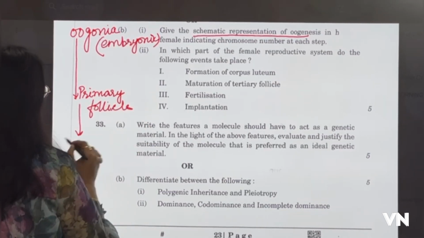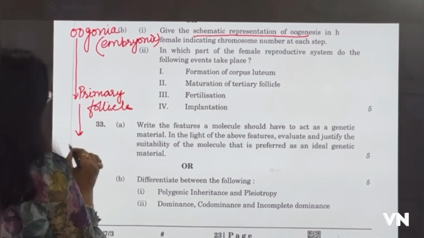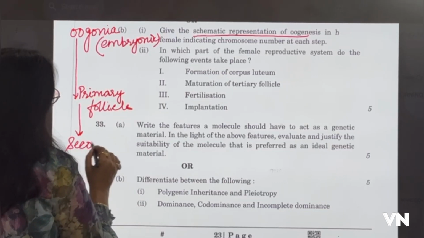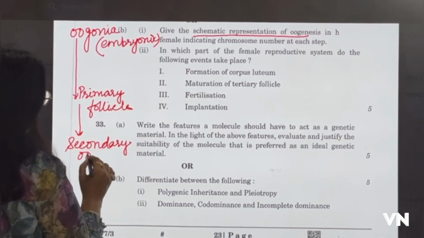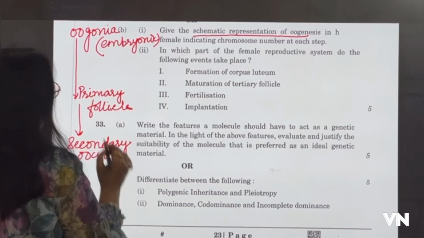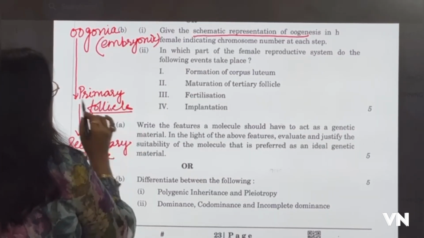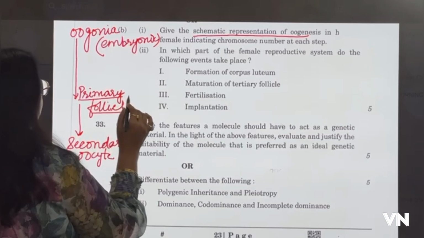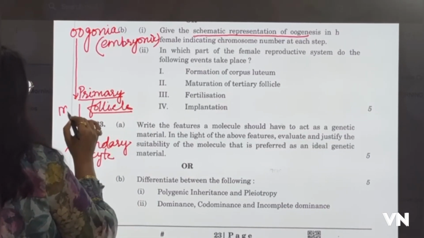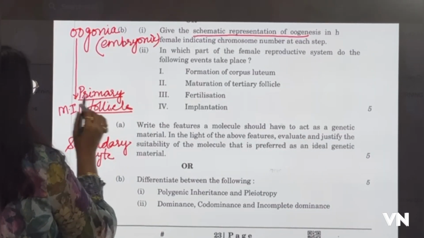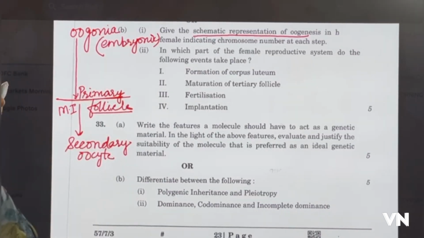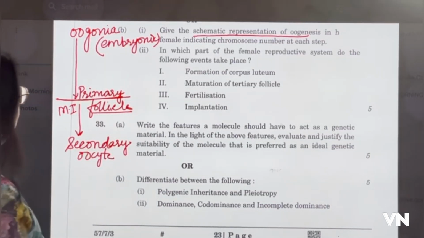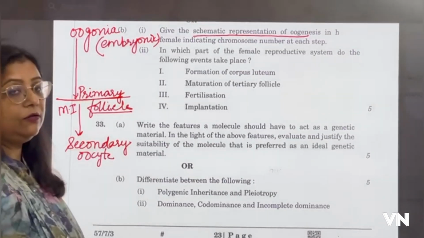Then these primary follicles are transformed into secondary oocyte. Primary follicles undergo first meiotic division, and this first meiotic division is arrested in the embryonic stage at diploid phase.